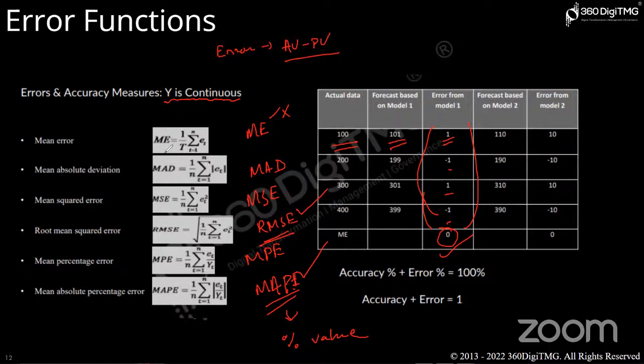So we can use either of these. Mean error cannot be used because it might not give us the correct result. From here, RMSE and MAPE are what we consider the most. So from this we see the forecast of model 1, and there is also model 2. In model 2 we can see we are getting higher error. So this higher error model will not be chosen because it is giving us greater amounts of error.